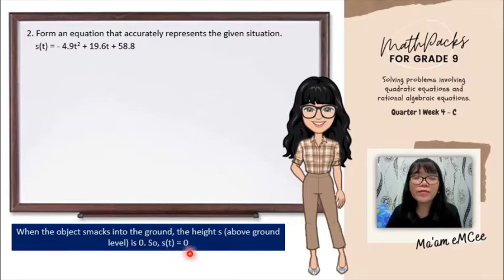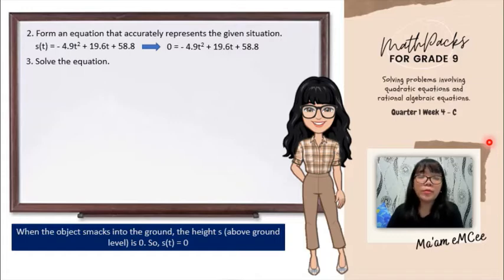So s of t is equal to 0. We substitute 0 into our equation, so our working equation now is 0 equals negative 4.9t squared plus 19.6t plus 58.8.